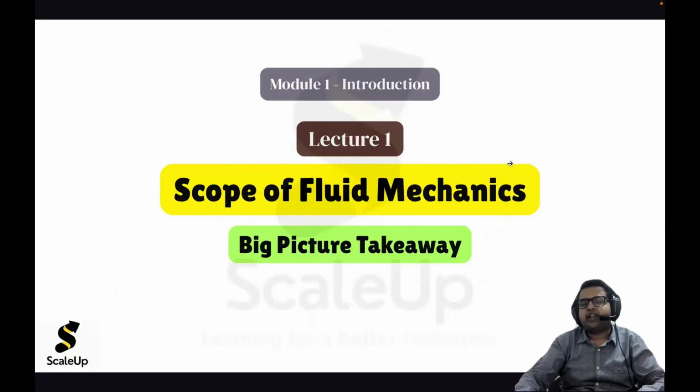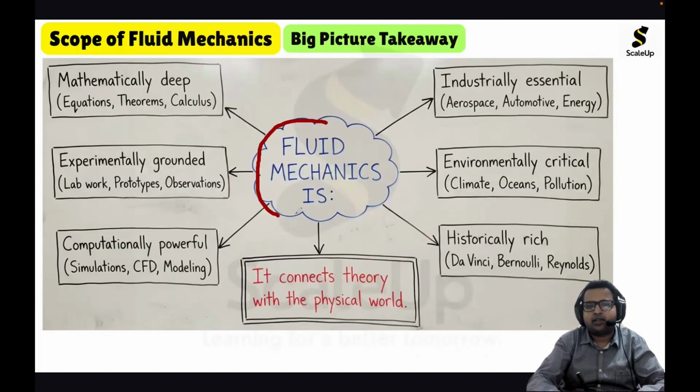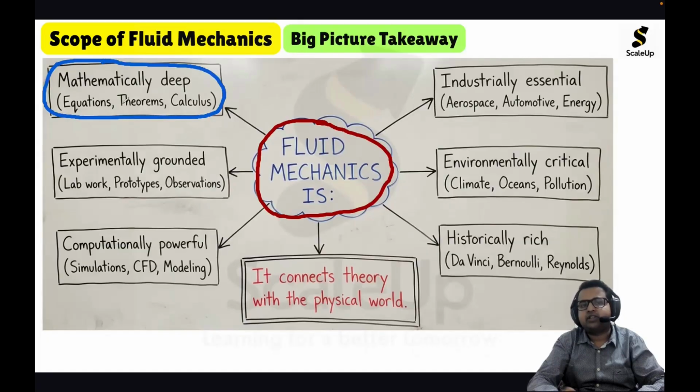Okay, so the big picture takeaway. Whatever we discussed, if we have to summarize it, we can say that fluid mechanics is mathematically deep: it has equations, theorems, and calculus in it. It is experimentally grounded: lab work, prototypes, observations.